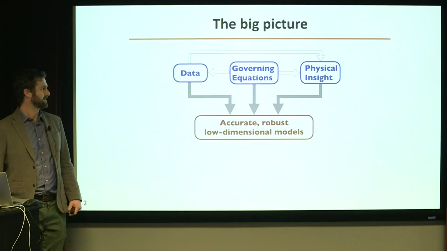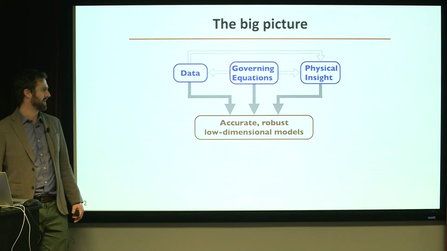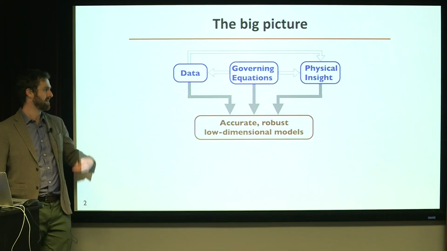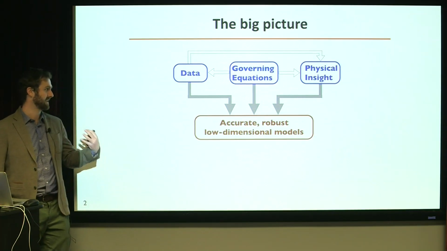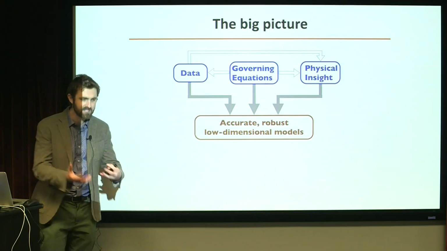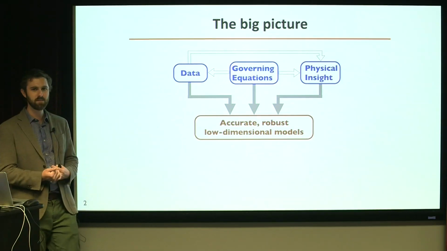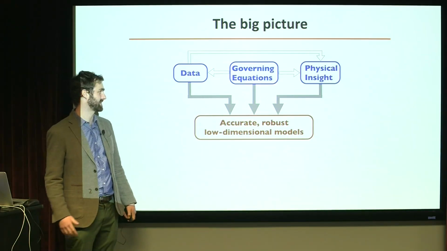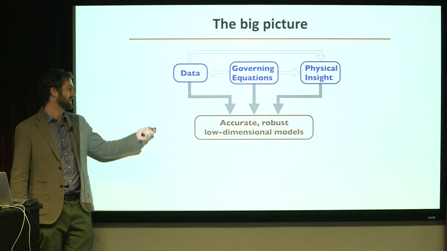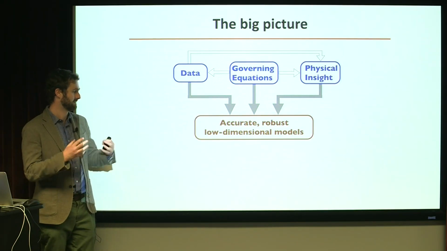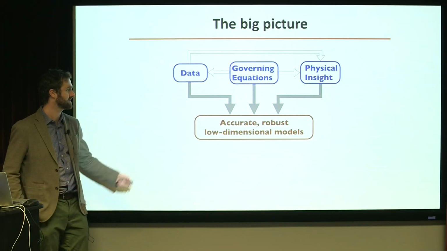So to give a bit more context about what my research involves, again, my main application is in fluid dynamics and aerodynamics, but more generally, if we have some system that we wish to study, there's typically a bunch of places where we can get information about that system. So in most engineering systems, we know what the governing equations are because we know what the physics is telling us.